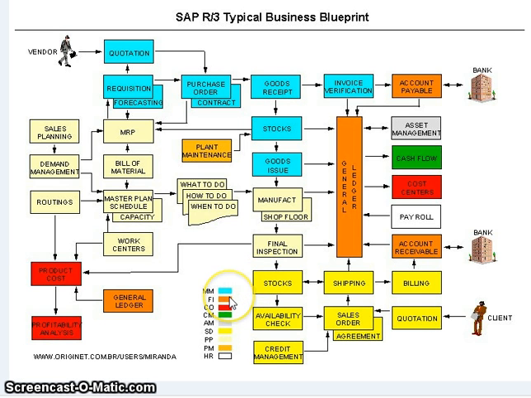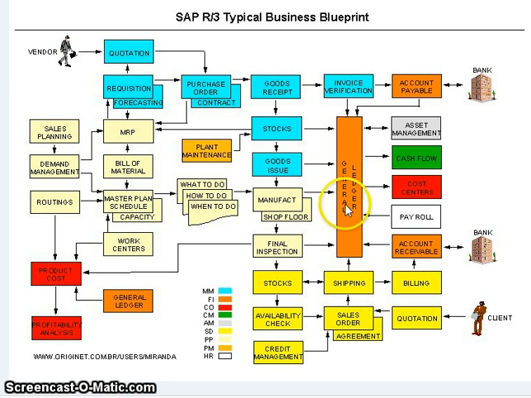So the first thing we'll talk about is FI. So FI is your general ledger accounting. So over here you have the main general ledger accounting that connects to accounts payable, which is part of general ledger accounting, and accounts receivable, which is also general ledger accounting.